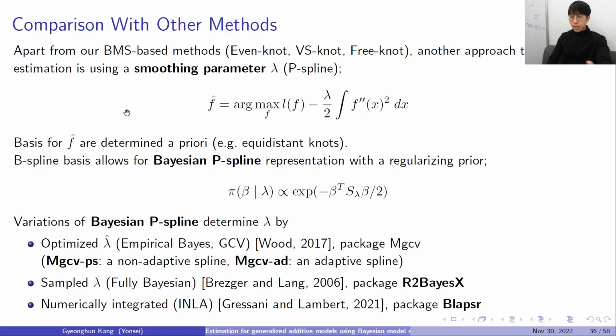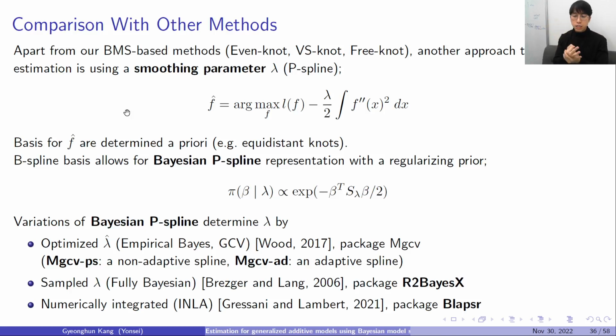Okay, so in the second part of the numerical study, we have compared our BMS-based methods with other methods. All the other pre-existing methods are based on Bayesian P-splines. So what they are doing is that instead of playing around with the knots themselves, they're fixing the knots to be a grid, and they are using a smoothing parameter to regularize and smooth the function estimates, right?